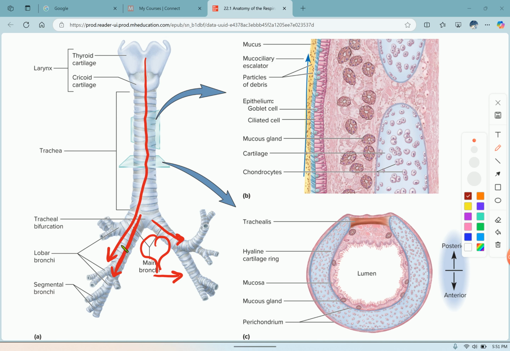Now, can the left side have something stuck in it? Absolutely. You can definitely get stuff stuck in the left lung, but the odds are it's going to go into the right lung because it's more vertical.